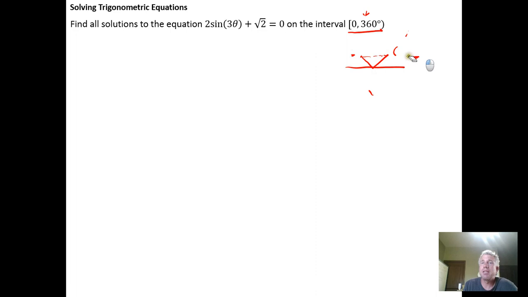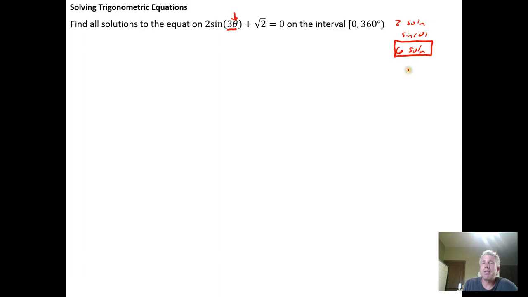Before we even start working on this particular problem, we can identify that if we have a multiplier of 3 on the input variable to the sine function, that means things are happening 3 times faster. So instead of 2 solutions, which is what we would expect for sine of theta, we're going to expect 3 times as many, or 6 solutions.